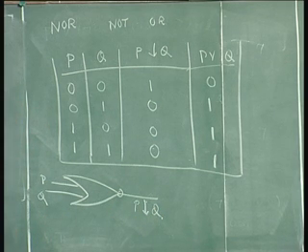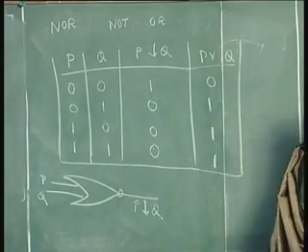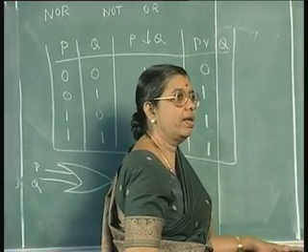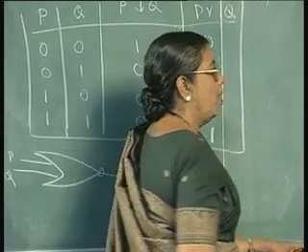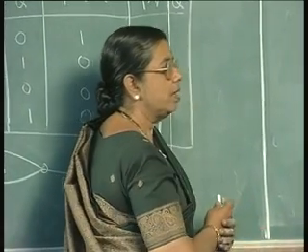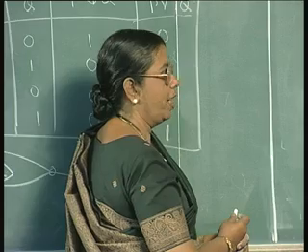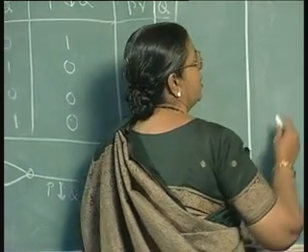Now, any Boolean function can be represented by a Karnaugh map, and you can represent it as a canonical sum of products or disjunction of minterms.